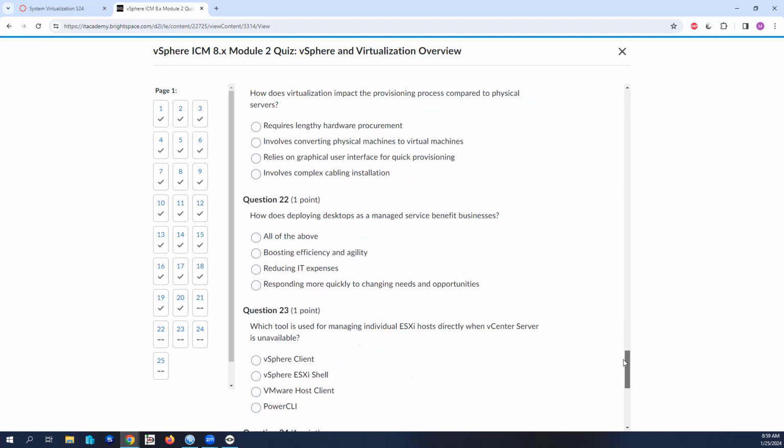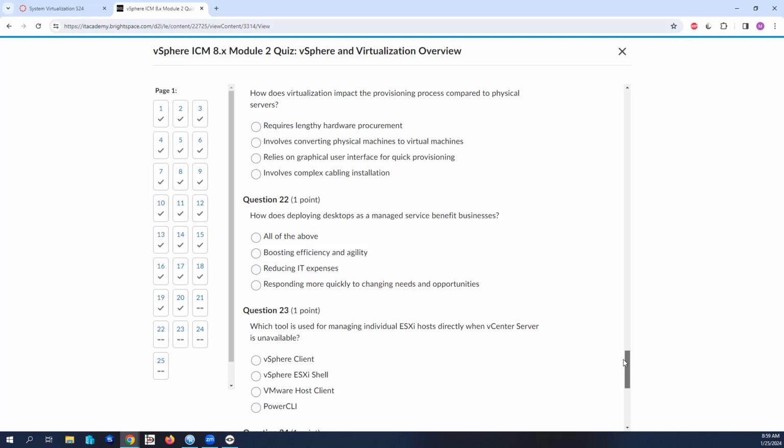Don't matter the number, but anyway, the next one here, almost done. How does virtualization impact the provisioning process compared to physical servers? I believe they're looking for the benefits of virtualization over the problems of physical servers.